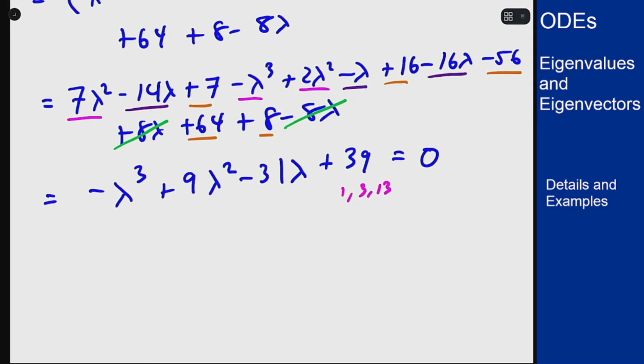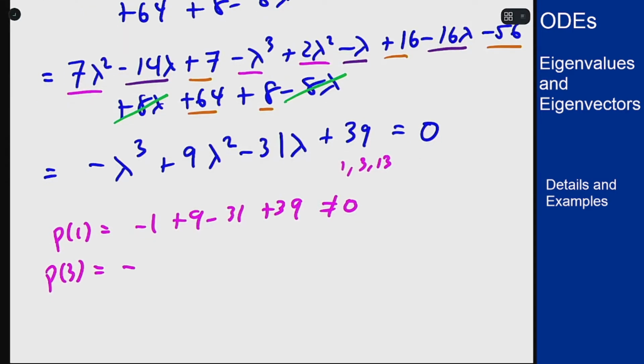So I plug in 1, I get negative 1 plus 9 minus 31 plus 39. That's not 0. If I plug in 3, I get a negative 27 plus an 81 minus a 93 plus 39. That's a negative 120 plus 120. That's 0. This means 3 is a root of this polynomial, and so lambda minus 3 is a factor.